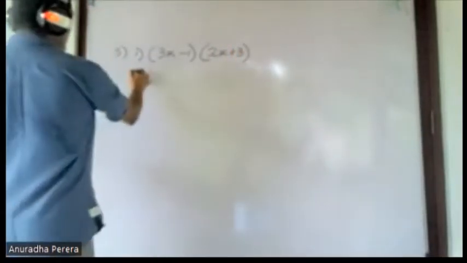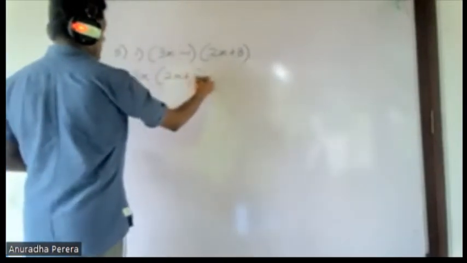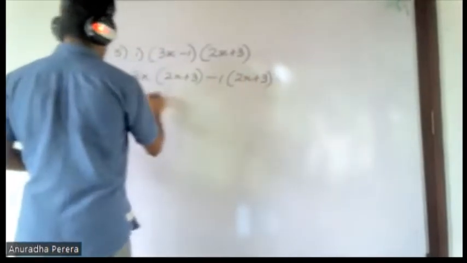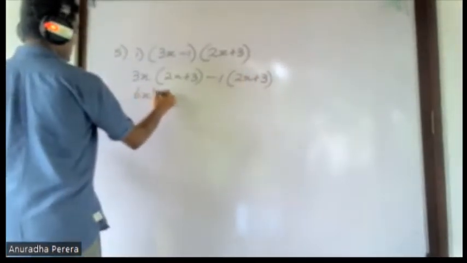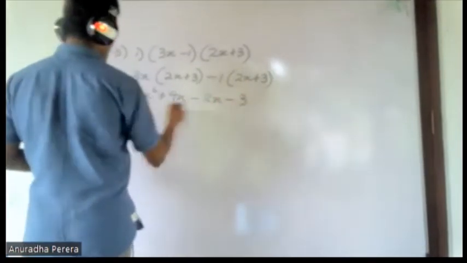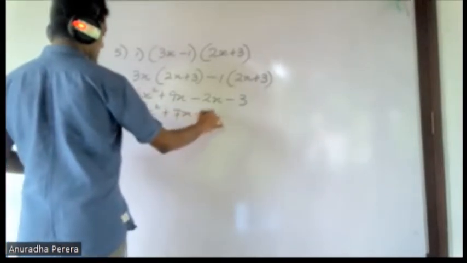You can write it as 3x times 2x plus 3, then minus 1 times 2x plus 3. Remove the brackets. 6x squared plus 9x plus 2x minus 3. 6x squared plus 7x minus 3.